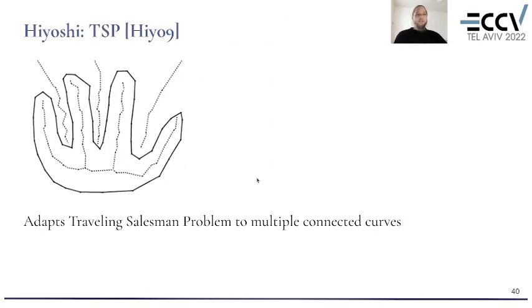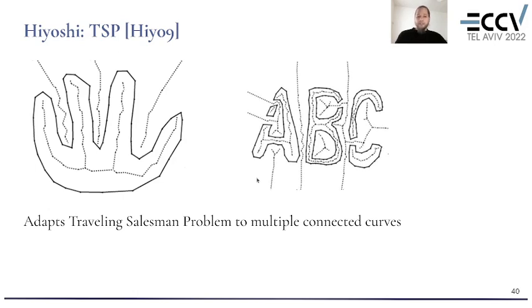Another algorithm by Hiyoshi in 2009 adapts the traveling salesman problem. Recall the traveling salesman has to visit a number of cities with least total distance. Cities are the samples here. Hiyoshi adapts this problem to even multiple connected curves, as you can see here.